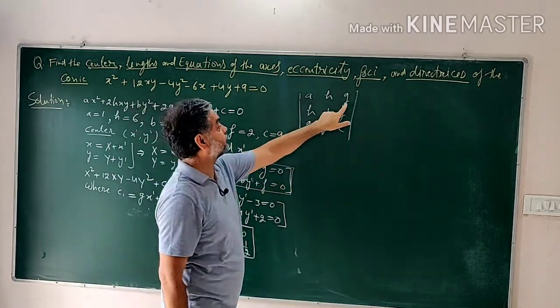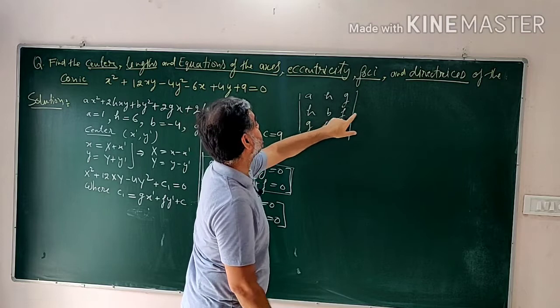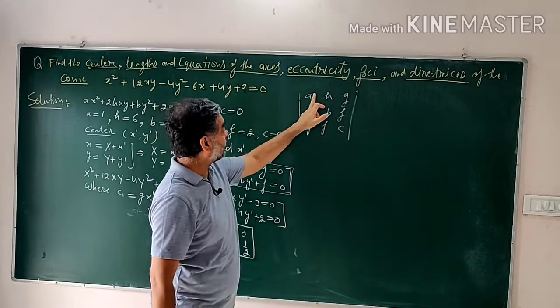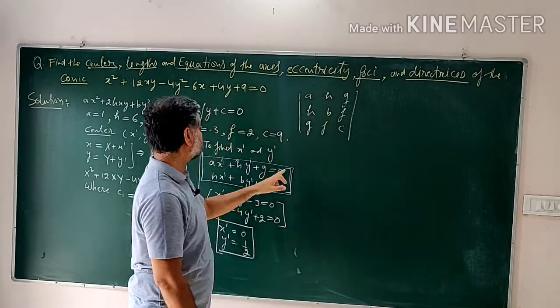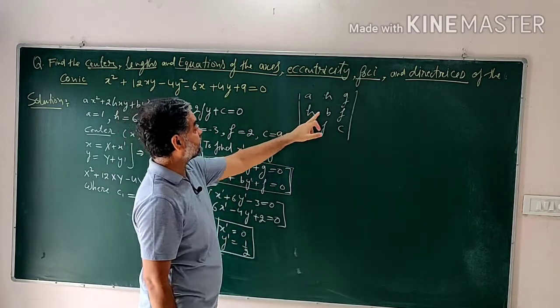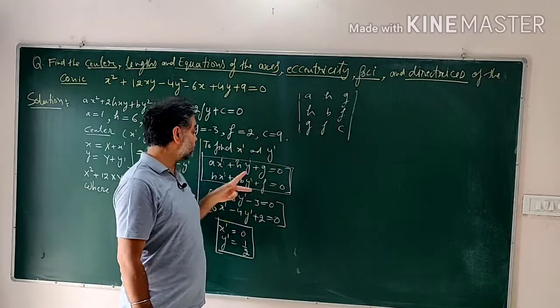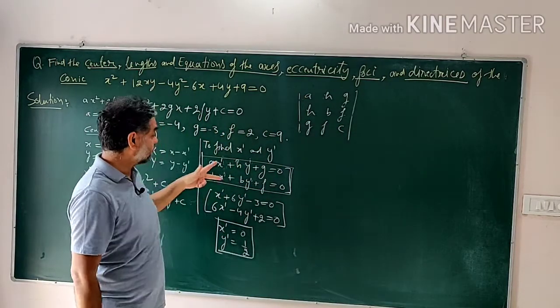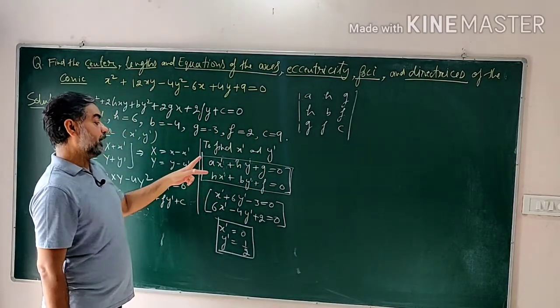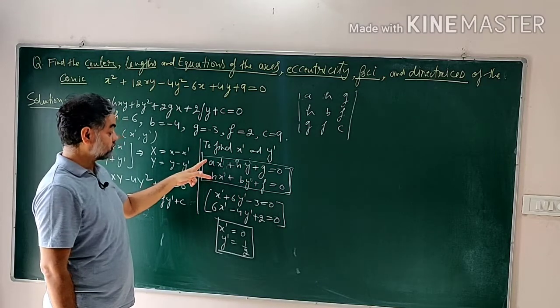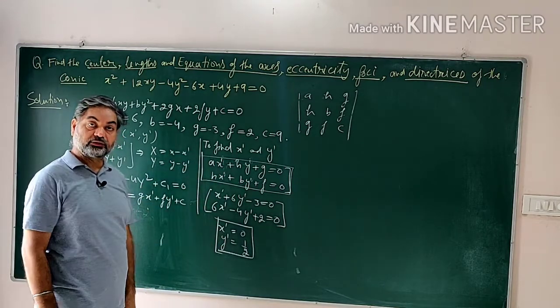So using the first two rows of this determinant, you can write these two equations: ax plus hy plus g is equal to 0, and hx plus by plus f is equal to 0. Solving these two equations, you get the coordinates of the center.